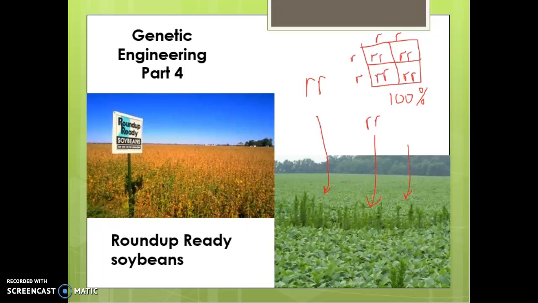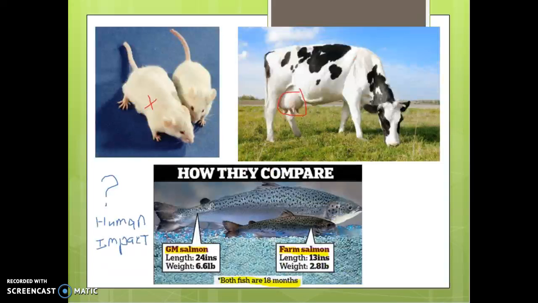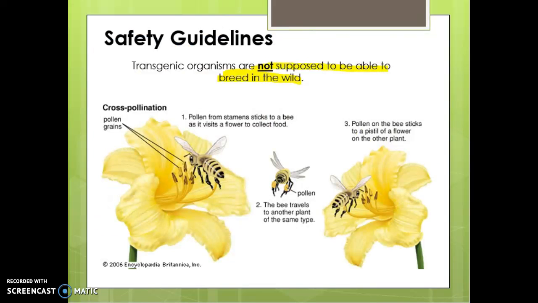Problem is, we find weeds that are picking up the genes from the soybeans. We find other plants that are picking up those resistant genes. Salmon, these things get out of captivity and they get into the wild. They wreak havoc when they're in the wild. They just mess up native salmon populations. But the goal is to try to prevent that from happening. Unfortunately, it doesn't always work.